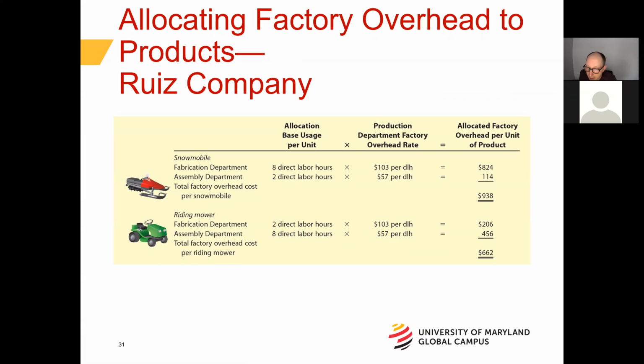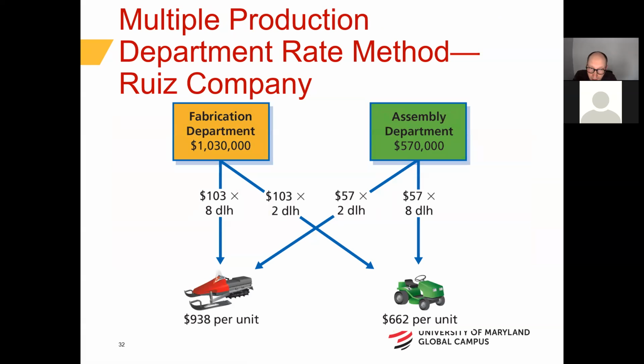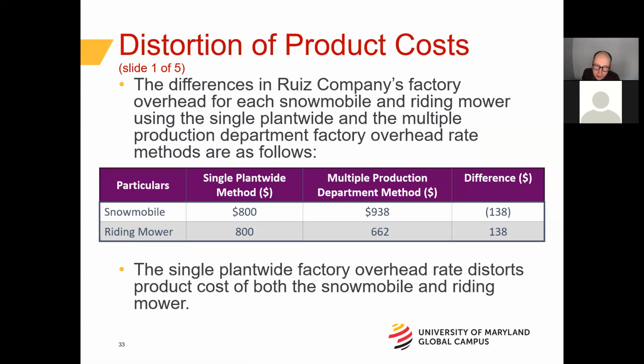Now, when you compare that to the single plant-wide rate method, which was $800 a unit, we can see that $938 for snowmobiles and $662 for riding lawnmowers is much different than $800 for each one. So that tells us it's clearly more efficient to allocate factory overhead through the multiple department method.